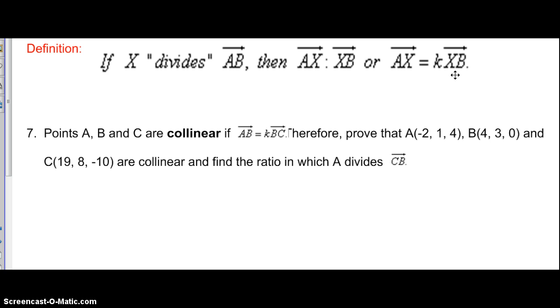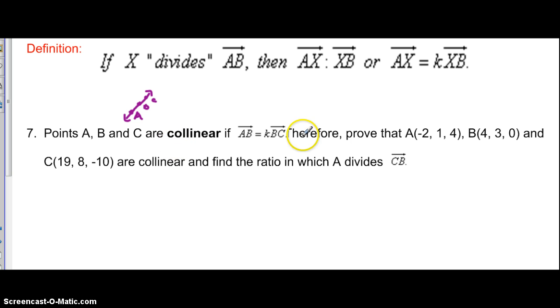And for our points A, B, and C, what it means by collinear is that collinear is 3 or more points that are on the same line. So if I drew a line in 3-dimensional, A, B, and C would be on the same line. That's what it means by collinear.